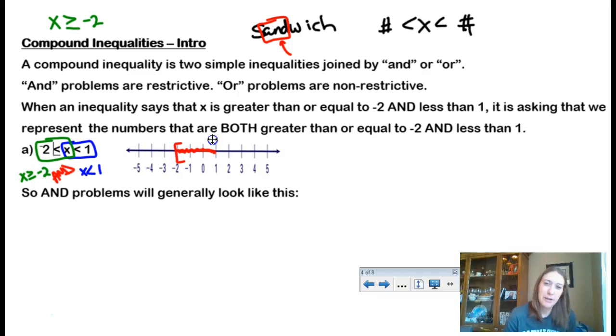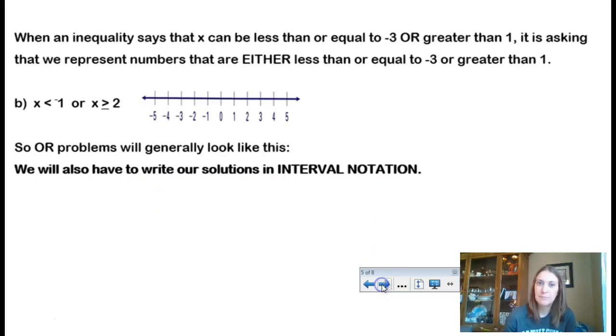The other part of the inequality does not have that. So this ended up being kind of weird because it has one bracket and one parenthesis, but "and" problems will generally look like a number, then some shading, and then another number on the other side. It could be a bracket, it could be parentheses, it could be one of each. But that's what "and" problems will generally end up looking like.